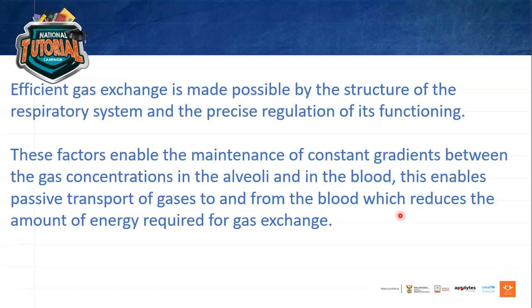Because if there's a problem with the system, then the body will require more energy to facilitate the process of gas exchange. But if the transport system of your respiratory system or the respiratory structure is functioning optimally, then it will just function like that with ease, without the need of having too much energy exerted. You understand?